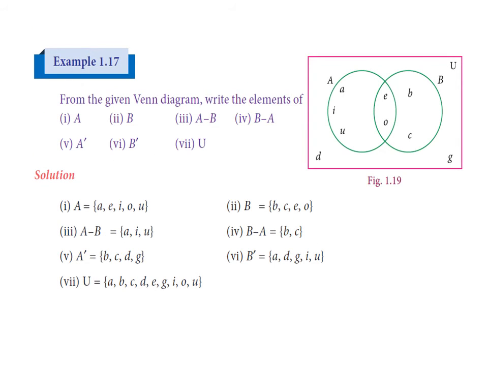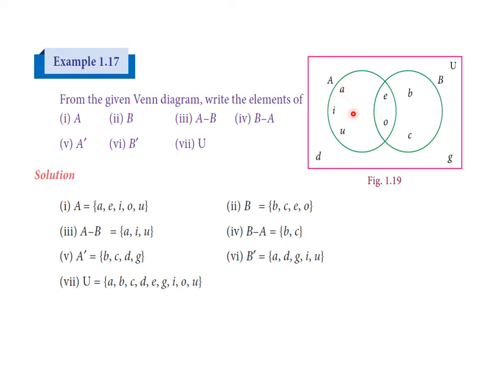Next one, example. From the given Venn diagram, write the elements of A, B, A minus B, B minus A, A dash, B dash, U. So very easy one. So look at this. First we have to find A. A means what? You have to write these elements alone: A, E, I, O, U. That A circle alone you see.